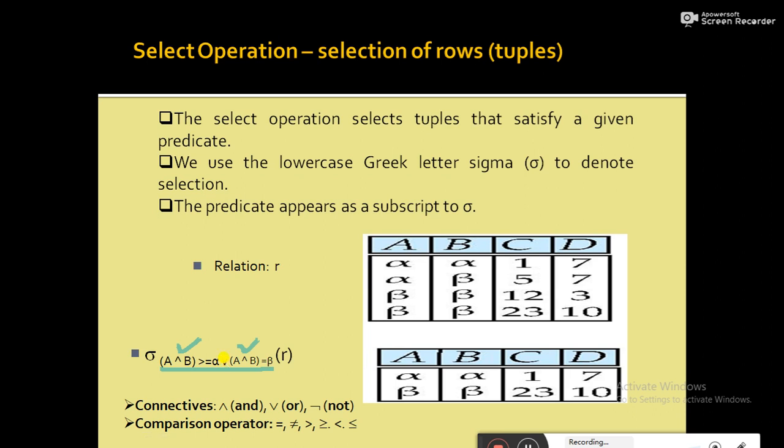This is known as connectives. This is the symbol of OR. Apart from OR, other connectives are AND, this is the AND, this is the OR, this is the NOT. So two different conditions can be united or connected with the help of these connectives.